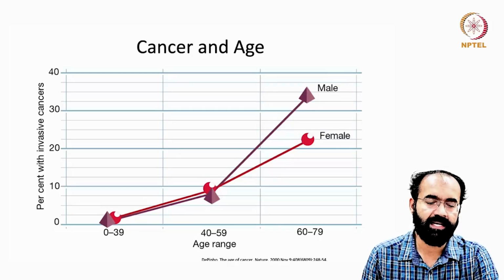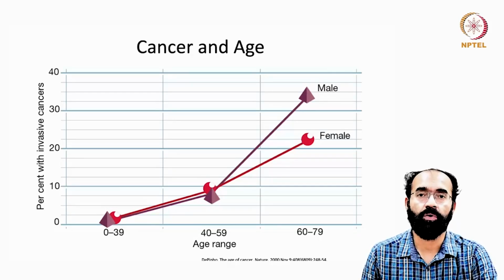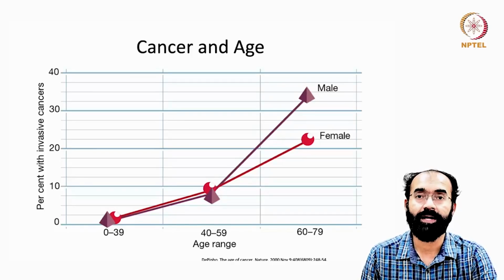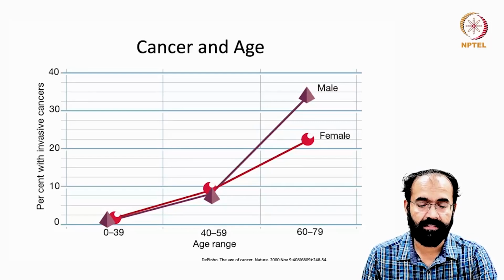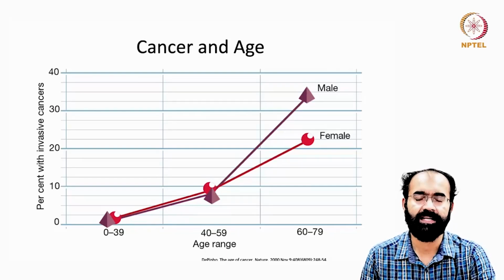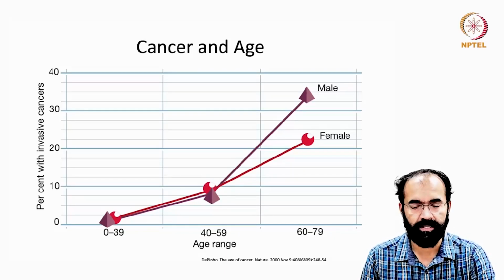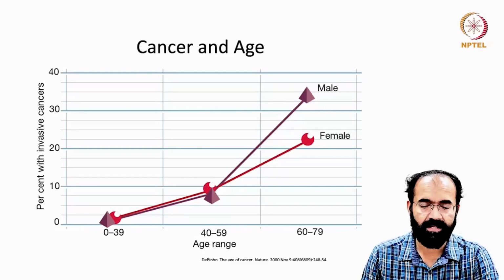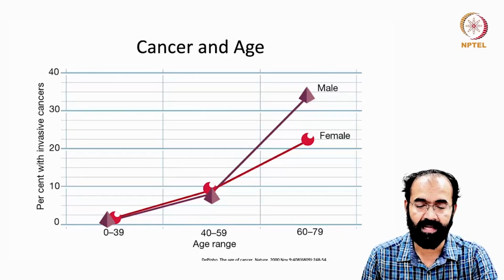You can see here, as you grow old, the chances of getting cancer go up quite exponentially. This is somewhere around 39, that is the first group, and till the second group there is a linear increase. It's not going parallel to the x-axis; a moderate increase is happening.